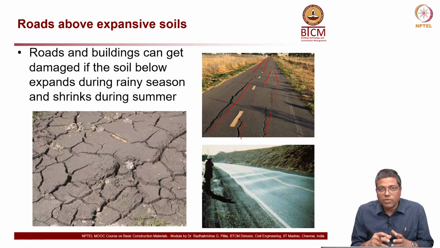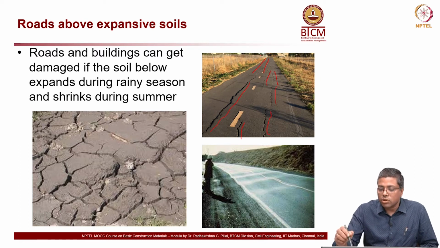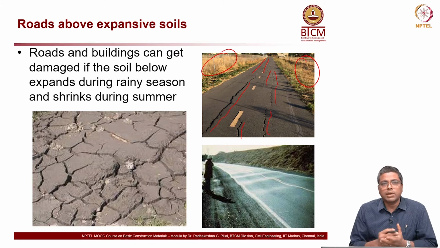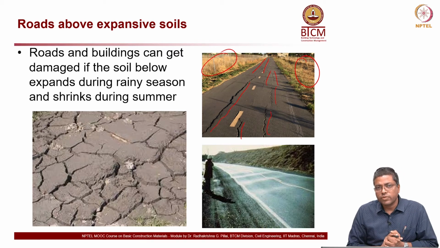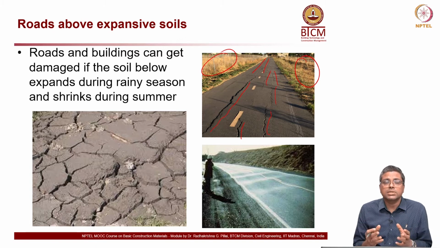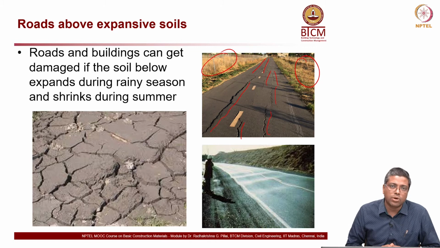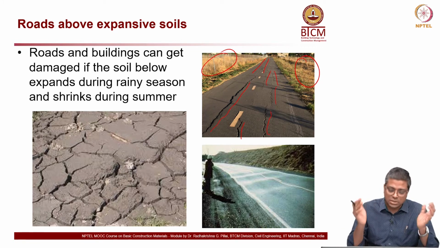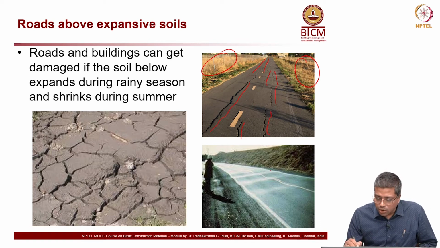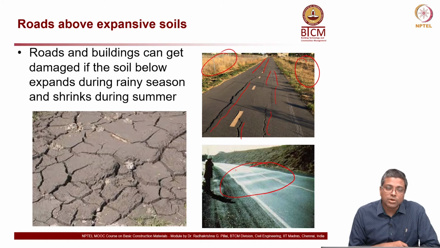If there is some water logging, somehow water will get below the road surface and be absorbed by the soil. Once it has enough water, it expands, and tremendous pressure is applied onto the road, and the flexible pavement just cracks. Similarly, you can see the wavy nature here, which is also because of the expansion.